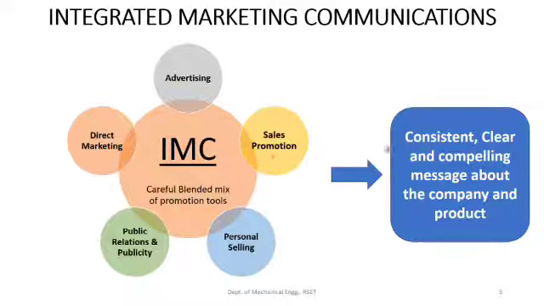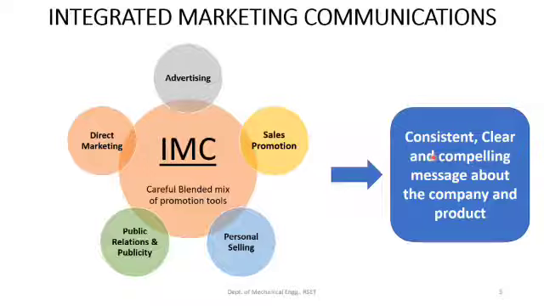so as to ensure that all these tools communicate the same message. They deliver a consistent, clear and compelling message about the company and its products. This blending or integration of the different communication or promotion tools used by the company, so as to deliver consistent, clear and compelling images about the company and develop a brand identity, is called integrated marketing communication.